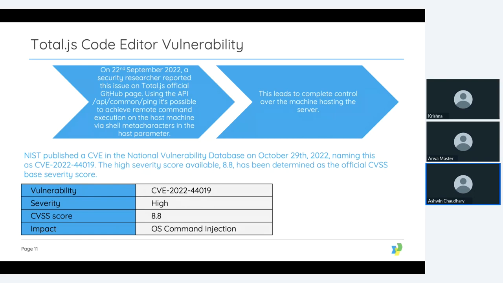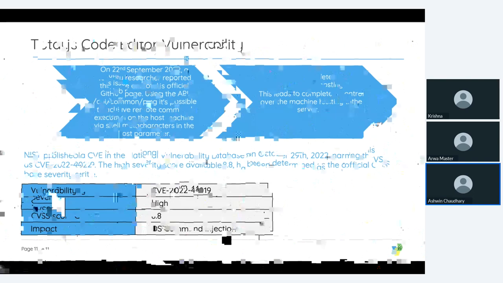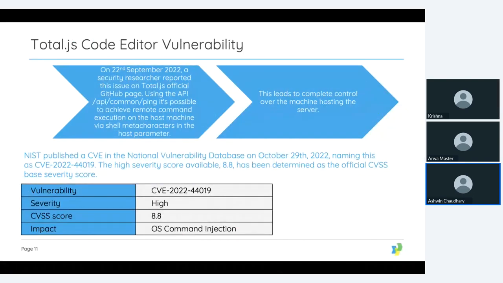Now, based on this vulnerability, which was discovered on 22nd September, right? The NIST published this CVE number 2022-44019 in the National Vulnerability Database with a severity score of 8.8, which means high. It is a high vulnerability, right? It's not medium or low, it's high.